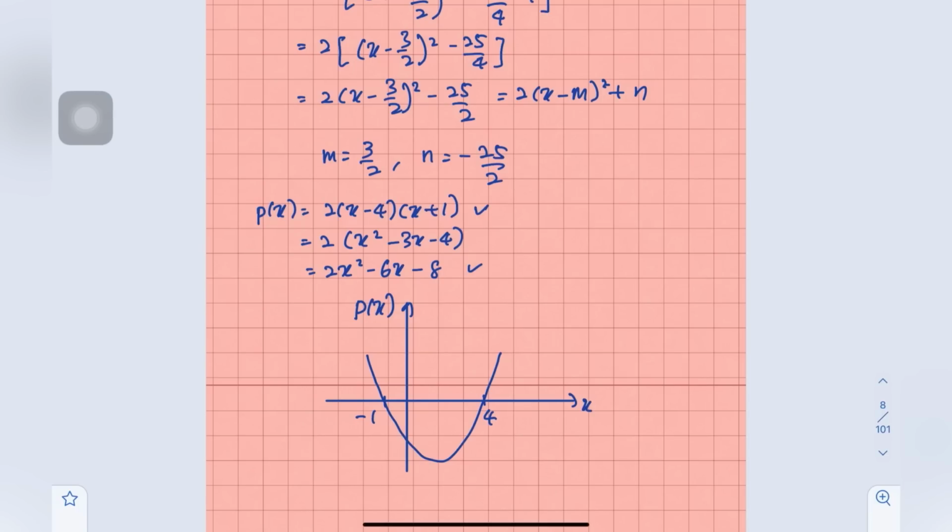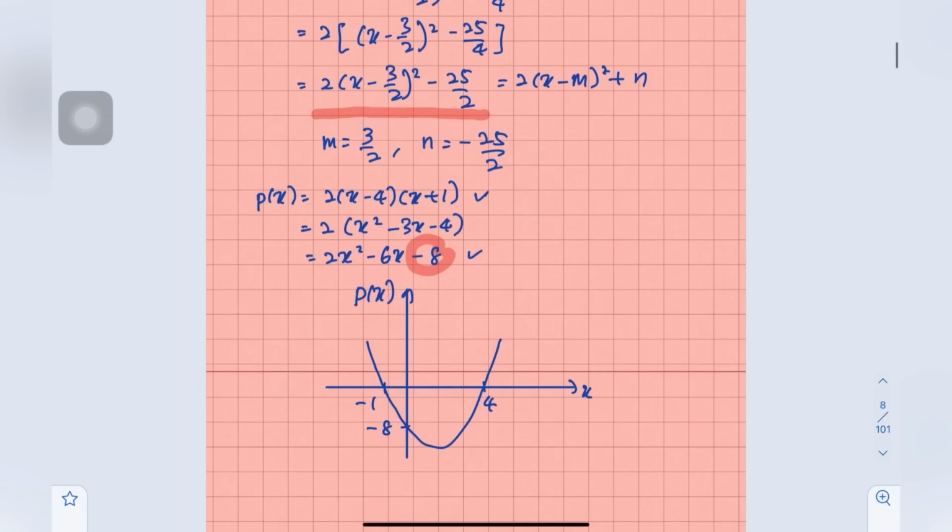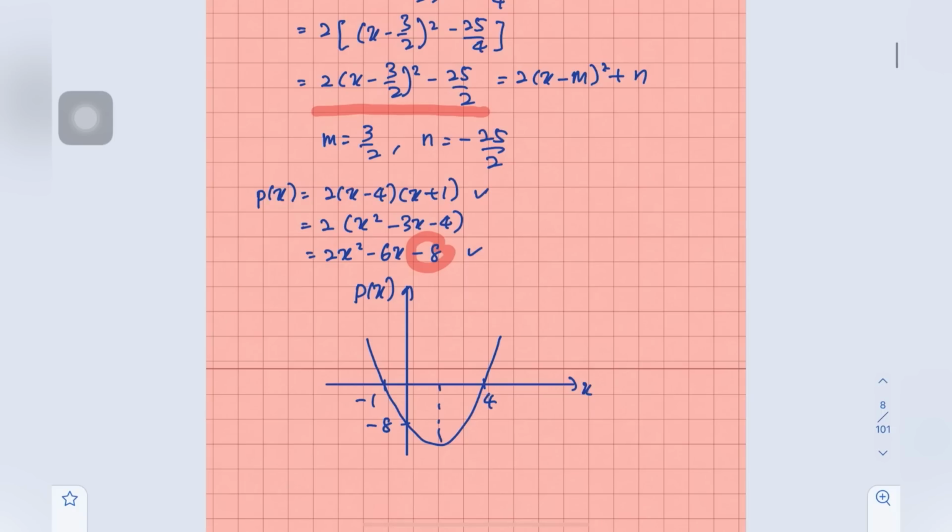Okay, so the y-intercept is negative 8. So this one negative 8. Okay, so from the vertex form, we can identify the minimum point. Okay, the minimum point is (3 over 2, negative 25 over 2). Okay, so this is the graph of p(x).